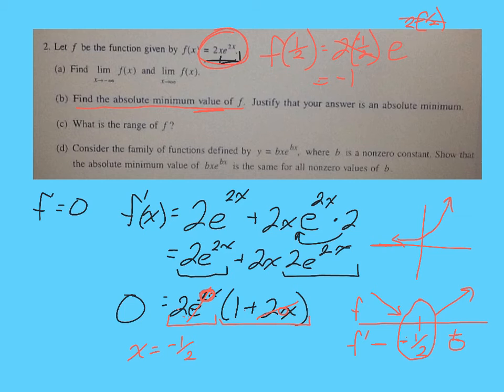And again, this cancels, that's a negative 1. So this is e to a negative 1. The negative exponent just moves it to the bottom, and we get e. So the actual absolute minimum value is negative 1 over e. Remember, this negative 1/2 is when it occurs. This is the actual value of the minimum.